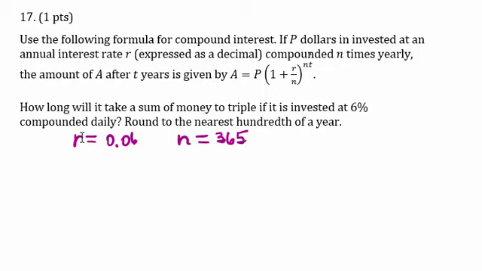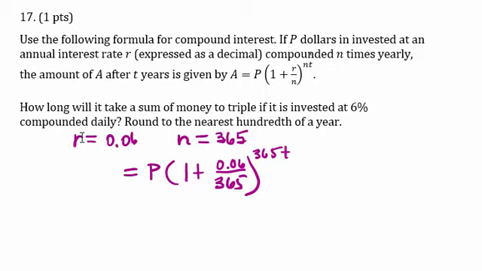So our equation becomes A equals P, and I'm still going to call it P for now, times 1 plus r, which is 0.06, over n, 365, and then that is raised to the 365t.